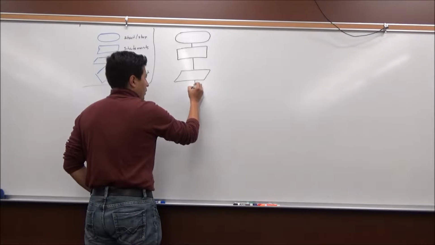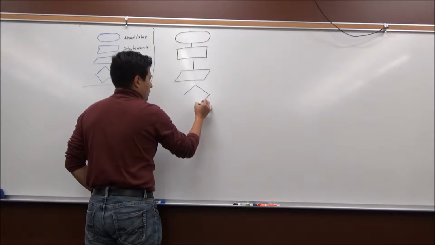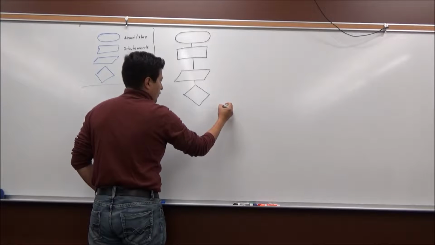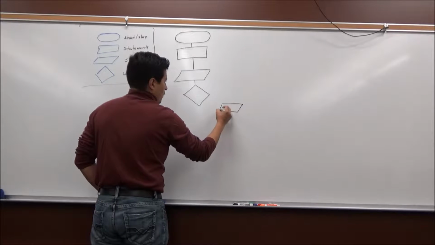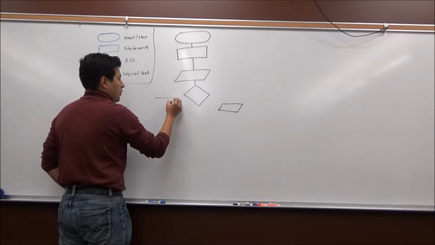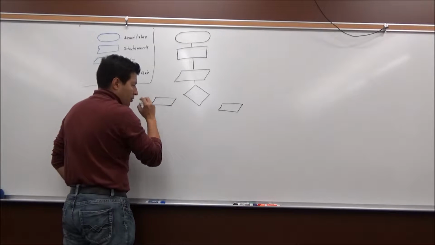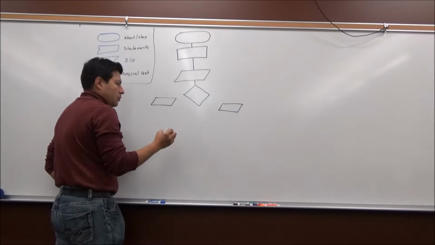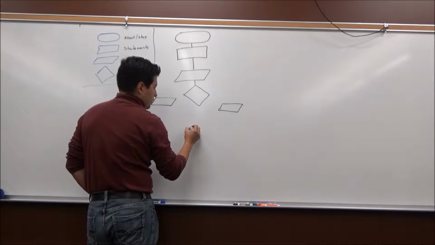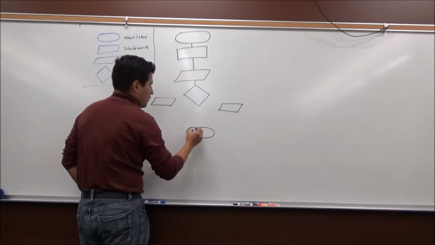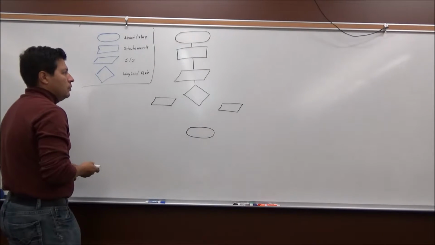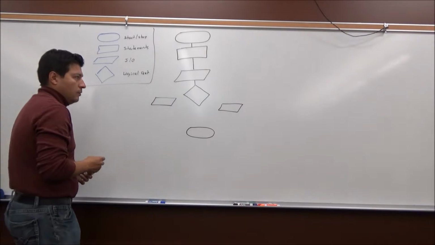And then we ask the question about the grade. So if it's true, display something. If it's not true, display something else. And that's the end of the program.